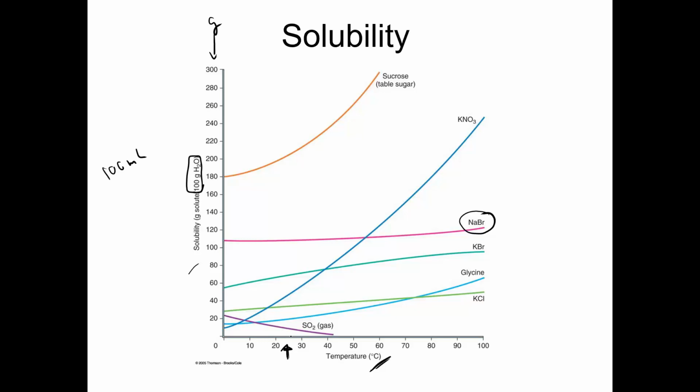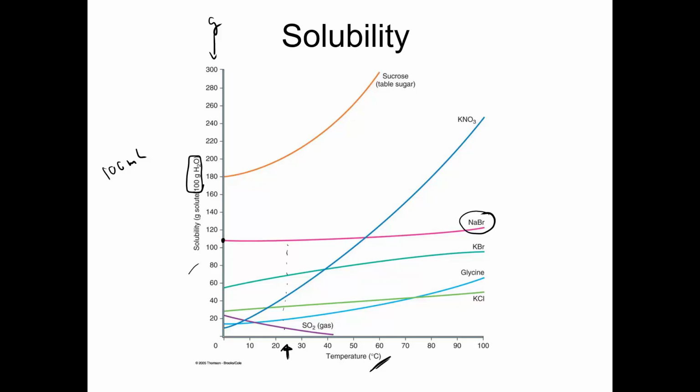So at room temperature, 25 degrees, if I take this up, I find that I can actually dissolve 120 milliliters of, I'm sorry, grams of sodium bromide. So okay, that's quite a bit. That's a pretty high concentration, but that's its limit, right?